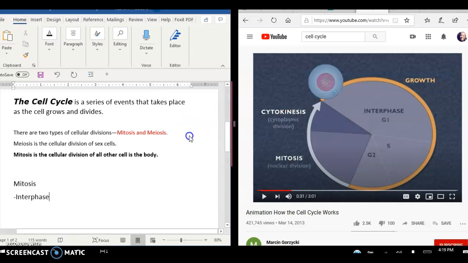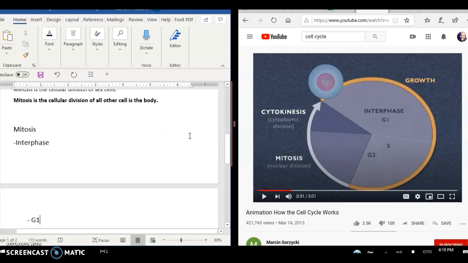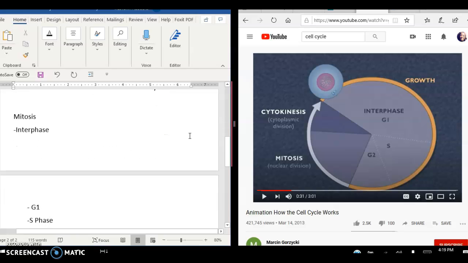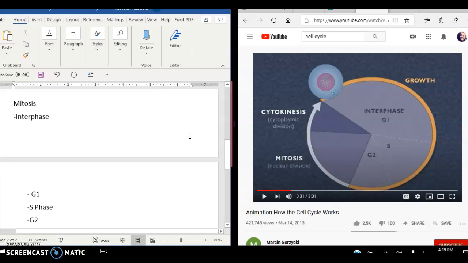All right, so everybody can see on their paper that mitosis begins with interphase, and interphase is broken down into 3 parts: G1, S phase, and G2. So during interphase, the cell is going to grow.